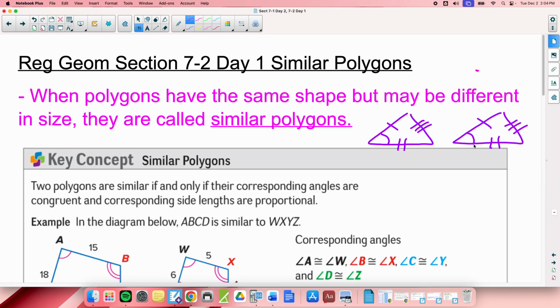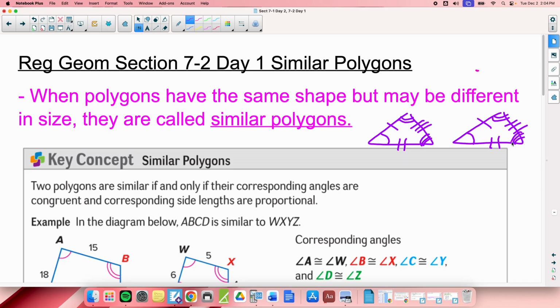So our angles are congruent here, these 2 are congruent, so I'm using 2 arcs. These 2 are congruent, so I'm using 3 arcs, okay? That's congruent triangles. If you had a triangle and you went to a copy machine and you made a normal copy, that would make you have a congruent triangle.